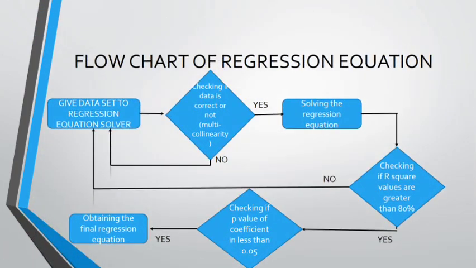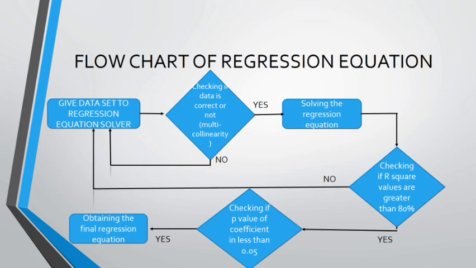This is the complete flow chart of the regression equation. First of all, we take the given data from the DOE sampling plan. Then we check whether the data is correct or not, meaning we check for multicollinearity. Then we solve this regression equation by a regression solver.